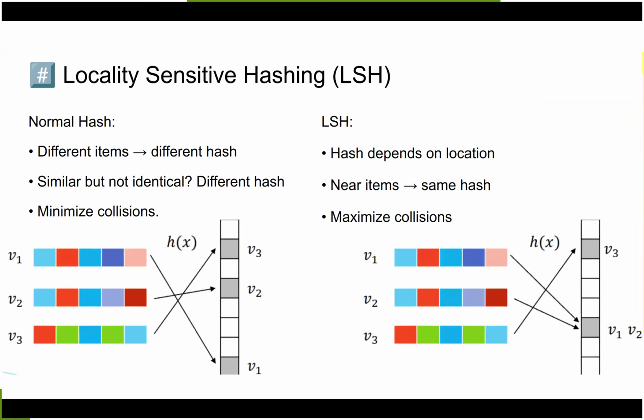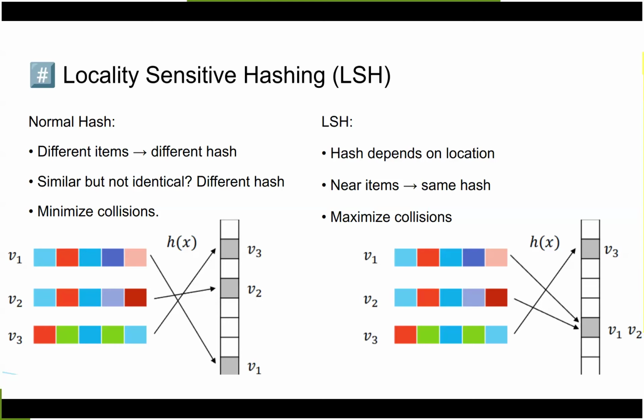The second approach, as I said, is LSH. So for now, let's compare LSH with a normal hash function. In a normal hash function, different items, even slightly different items, are mapped to different hash locations.